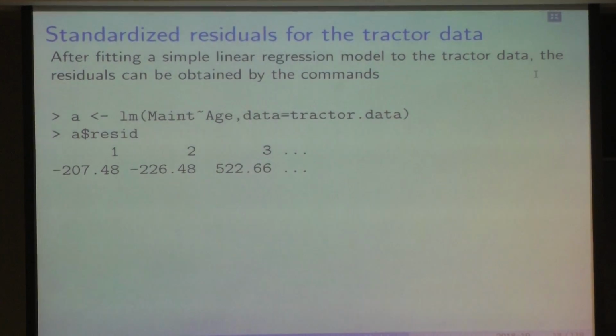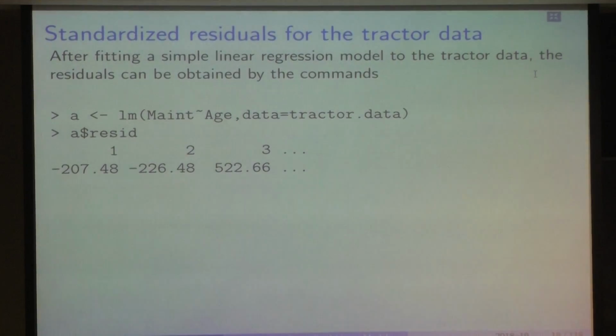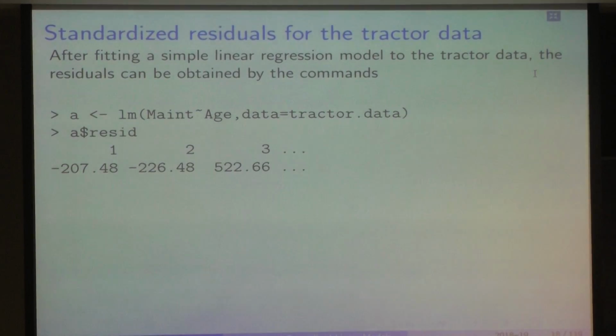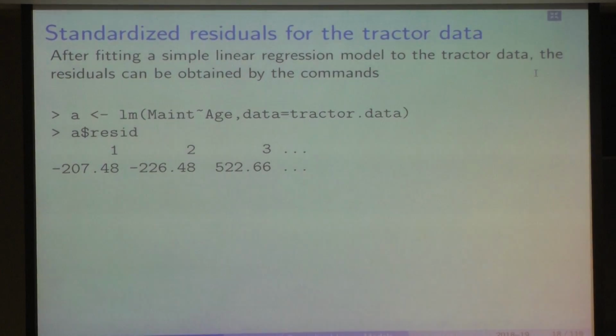Okay, so if we do that for the tractor data, we've already seen our linear model for the tractor data, so maintenance fitted as a straight line plot against age, and we get the residuals.